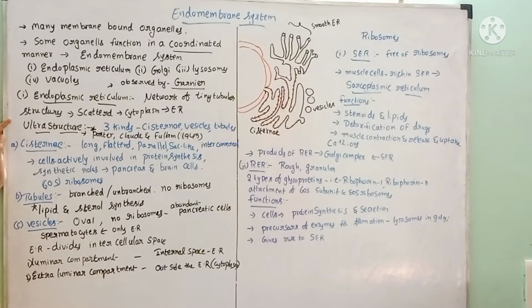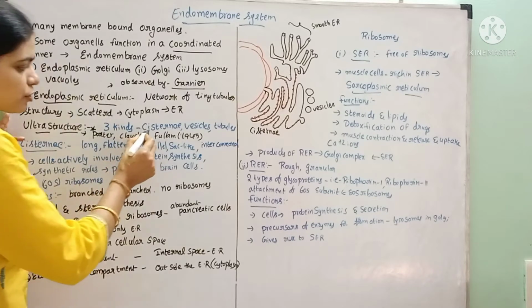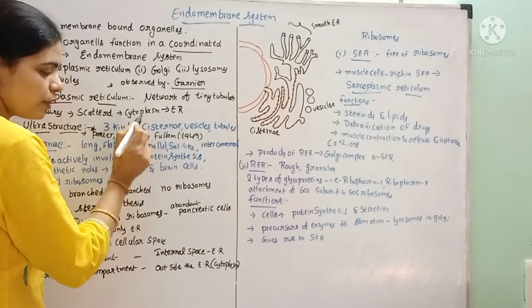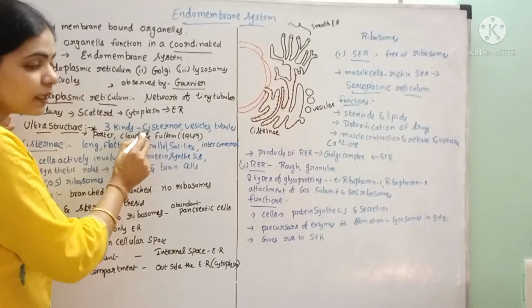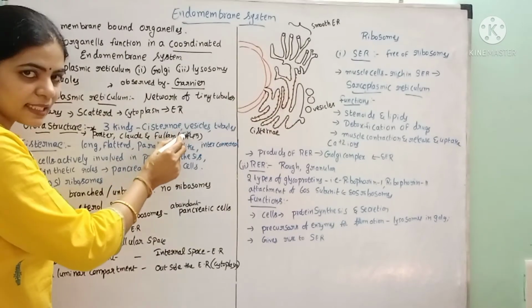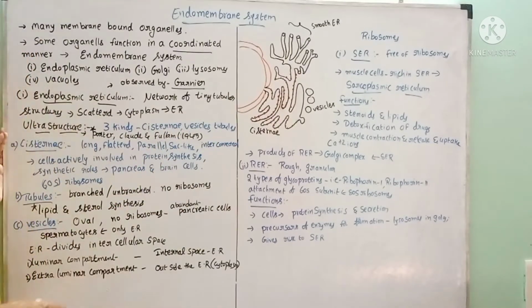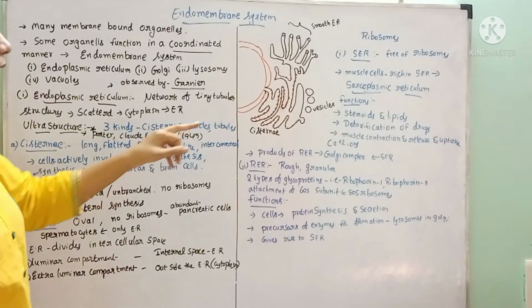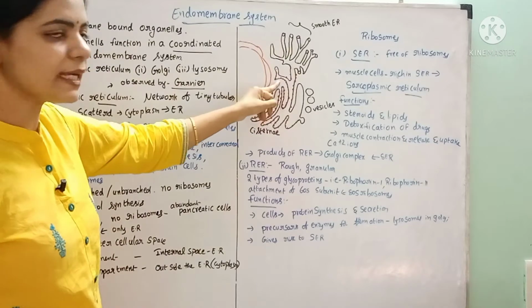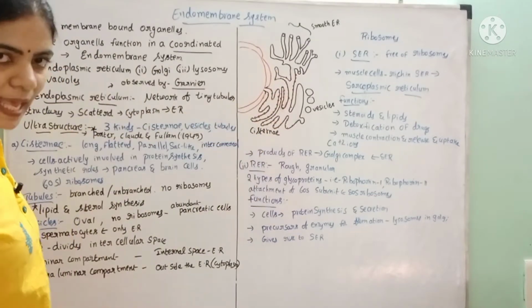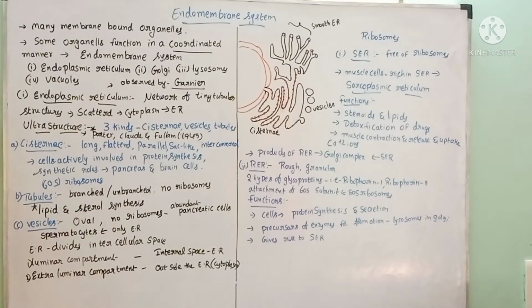According to them, the ultrastructure of the endoplasmic reticulum consists of three kinds of structures: cisternae, vesicles and finally tubules. The first one is the cisternae. Cisternae are long, flattened, tubular sacs which are interconnected structures present in the cytoplasm.